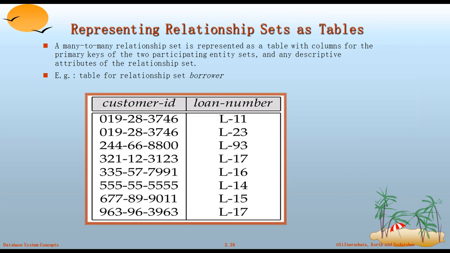And then representing a relationship set as a table. The relationship sets are converted into tables by having the primary key of one entity and the primary key of another entity. The table of the relationship borrower is shown with customer ID and loan number.